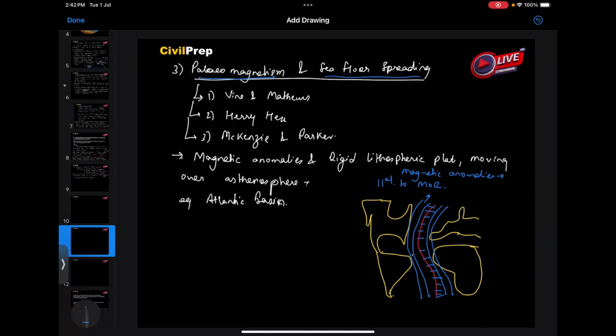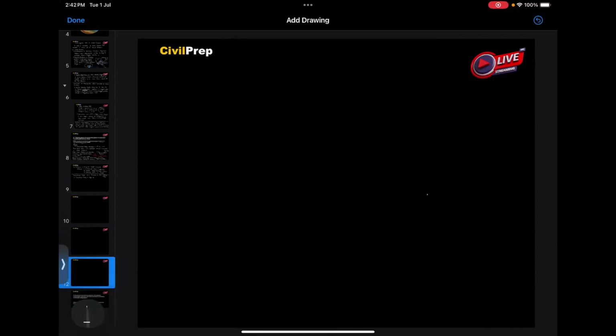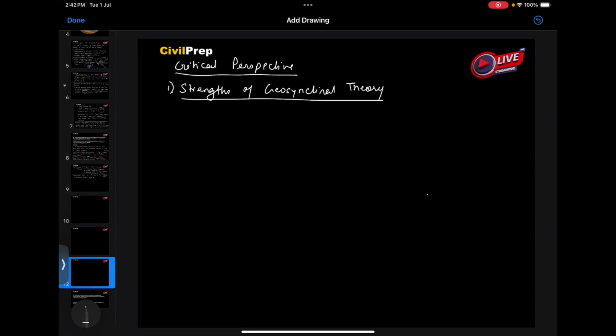Now, when we look at this aspect from a critical perspective, here we'll be seeing the strengths of geosynclinal theory. Number one, it is a precursor to identifying tectonically active belts.